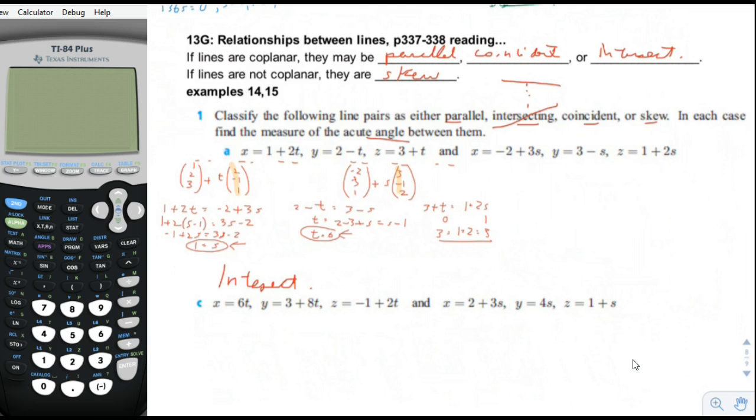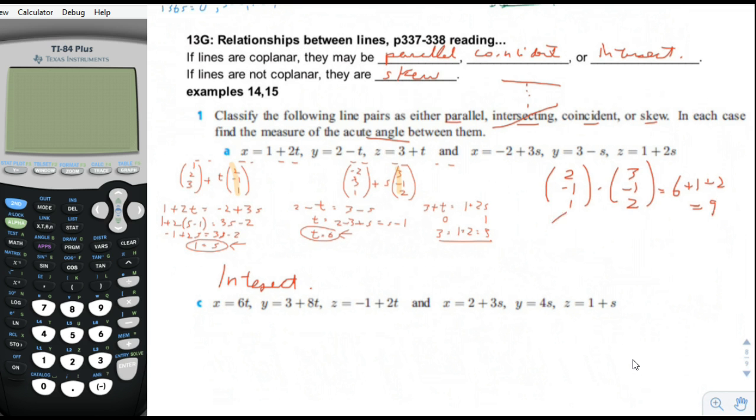Okay, so we're going to take the two direction vectors, 2, -1, 1 and 3, -1, 2, and take the scalar product, and we get 6 plus 1 plus 2, which is 9. So that's the scalar product.